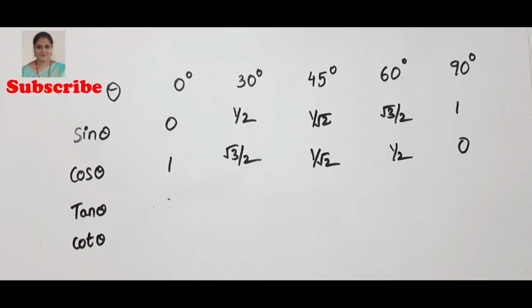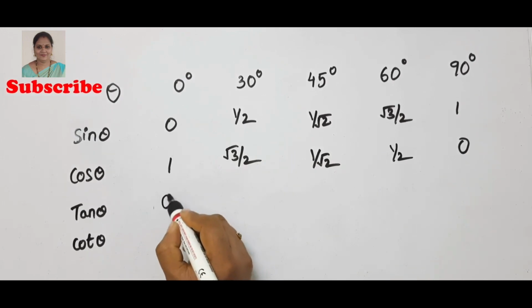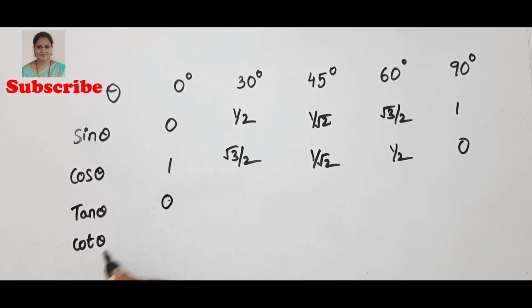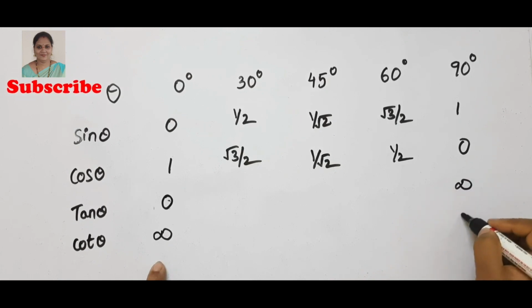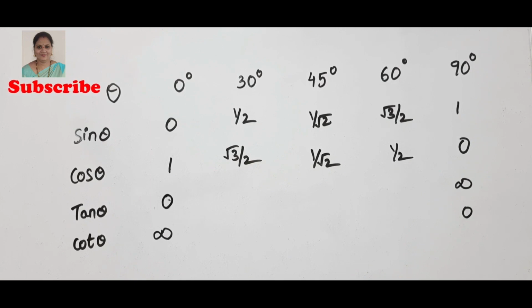Tan 0 will be 0 by 1, which is nothing but 0. Cot theta will be 1 by 0, which is infinity, which is undefined. So tan 0 we got as 0, cot 0 as infinity. Here we will get tan 90 as infinity, cot 90 as 0.